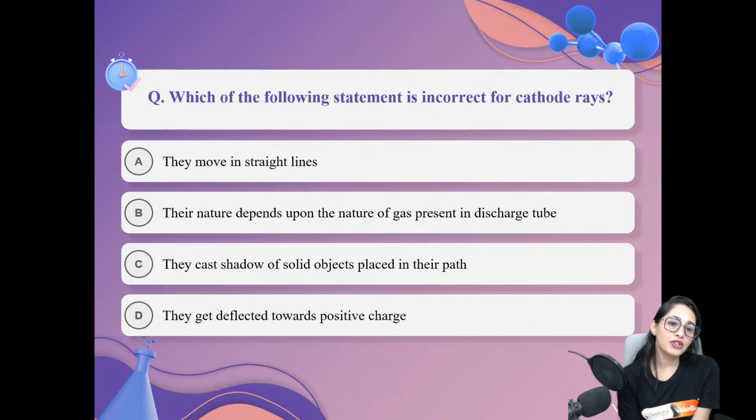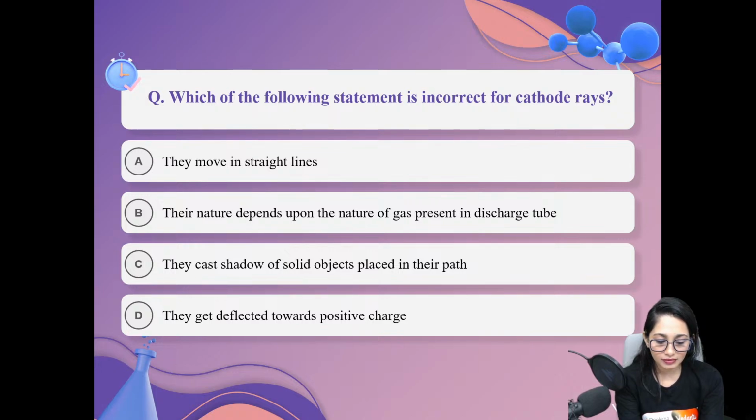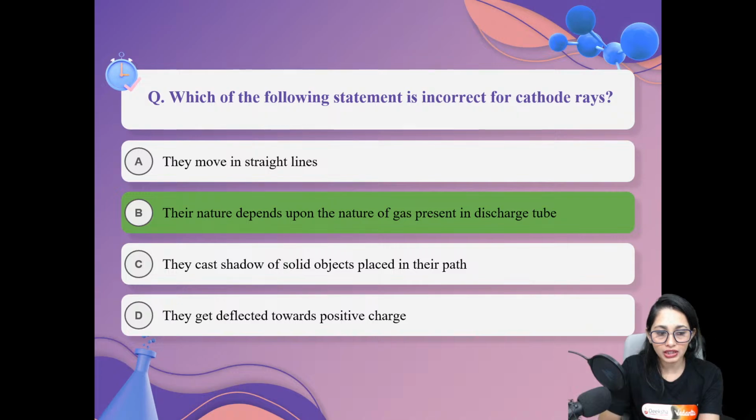Moving on, which of the following statements is incorrect for cathode rays? What is the answer? Option B is the right answer.